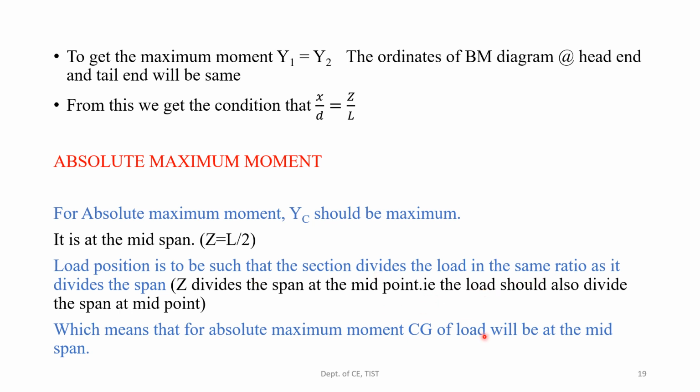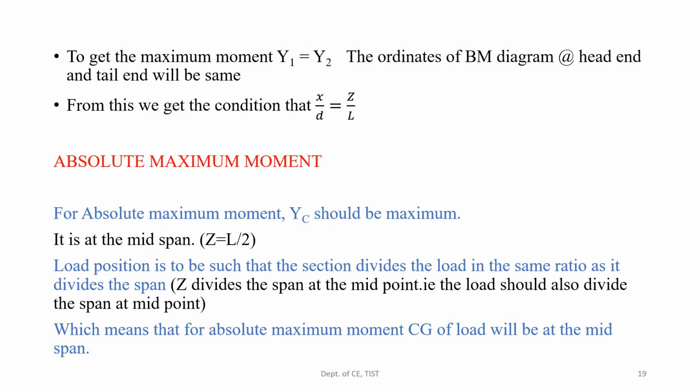So the load should also be placed at the midpoint of the beam. That means the center of gravity of the load would be at midspan. That's the condition for absolute maximum bending moment. So these are the theories behind this.